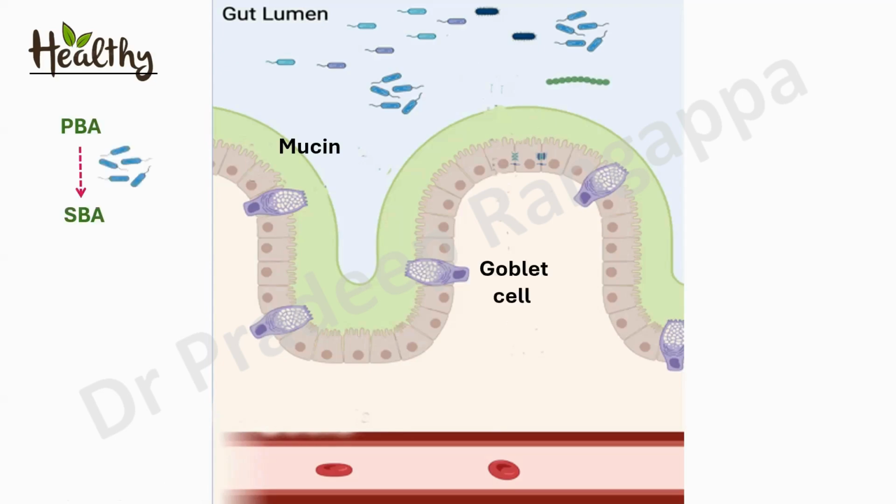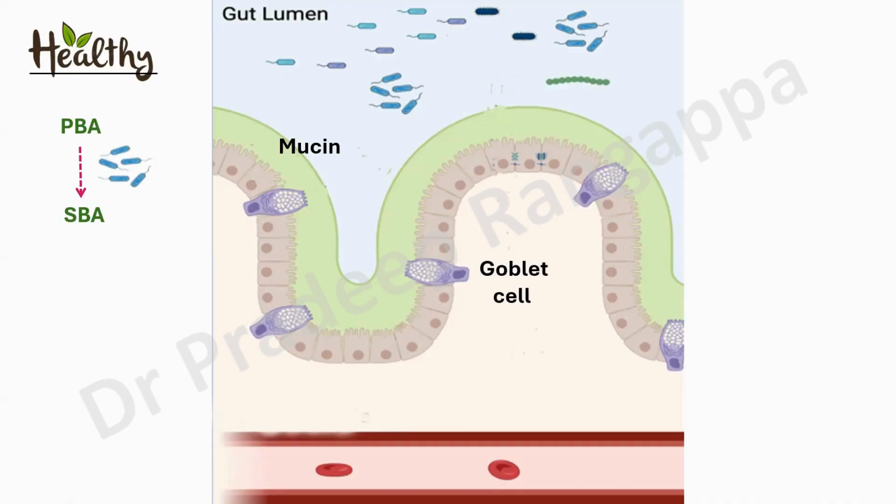What really happens in the gut is that primary biliary acids from the liver, once they go into the gut, are meant to be converted into secondary biliary acids by this gut anaerobic flora. I will talk about what the normal flora are that we expect in the gut.